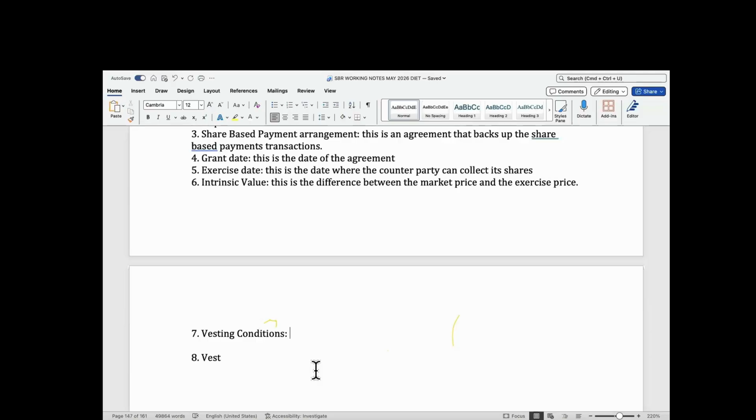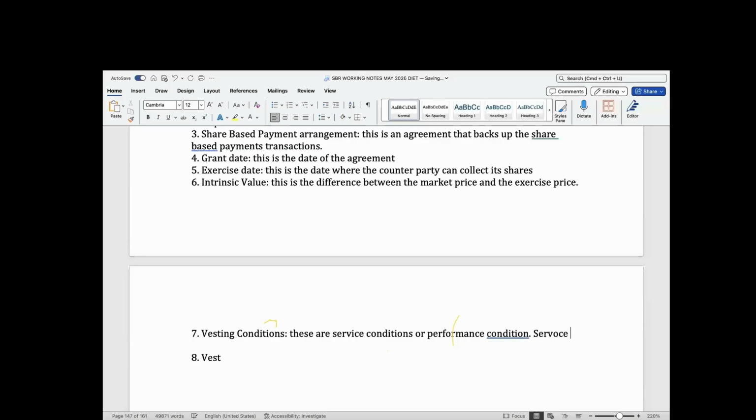There is usually something we call vesting conditions. We are saying that yes, we are giving you a right to buy our shares in the future, but there will be conditions to that. These conditions are usually service conditions or performance conditions.